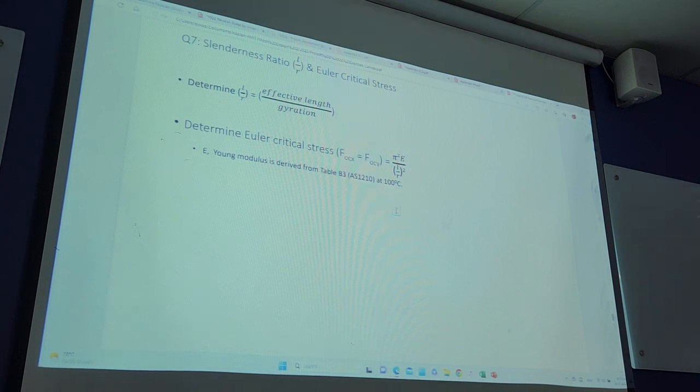Please take some time to familiarize yourself with this because eventually you have to use this during an exam. If you want to know the Young modulus, please go to our table B3. Our design temperature is 100 degrees Celsius, so you can find your Young modulus there.